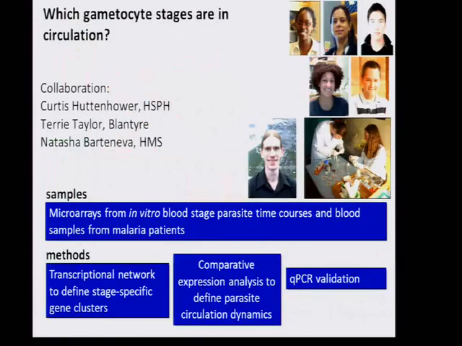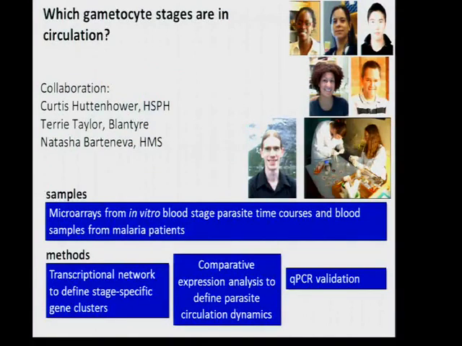So to get at that, we collaborated with the group of Curtis Huttenhower at the Biostatistics department in Harvard, and again with Terry Taylor's group and Danny Milner, as well as some of my former graduate students and other people.